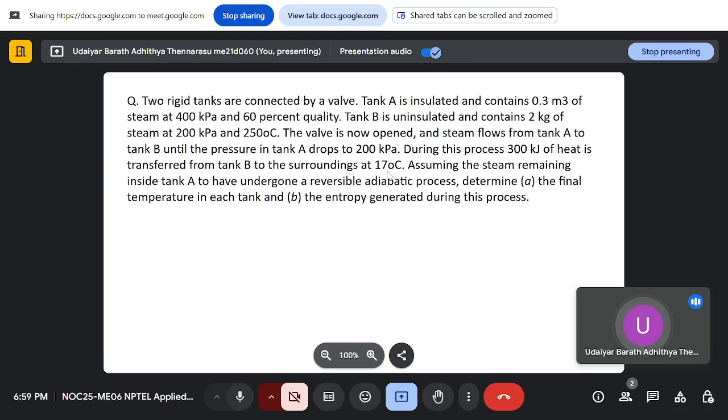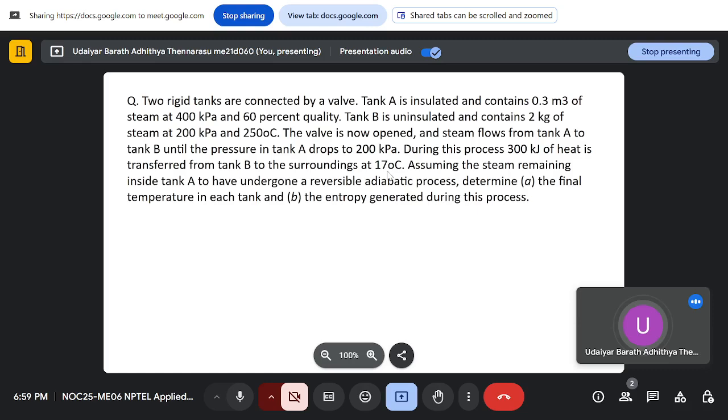So what we have here is two tanks connected by a valve, and tank A is insulated and tank B is not insulated. Tank A is 0.3 meter cube and contains steam at 400 kilopascal, and my vapor fraction is 0.6.